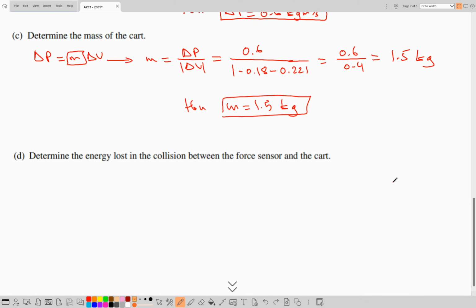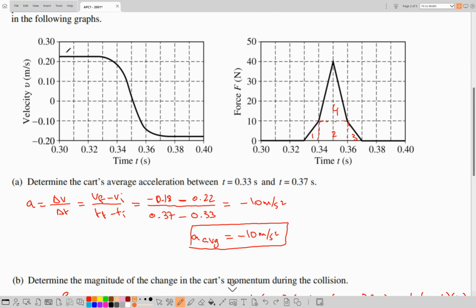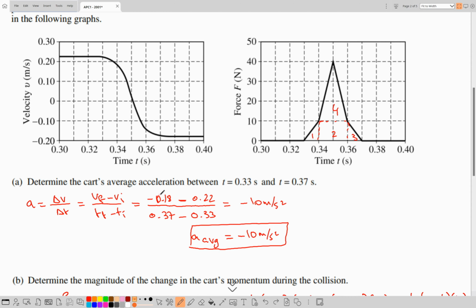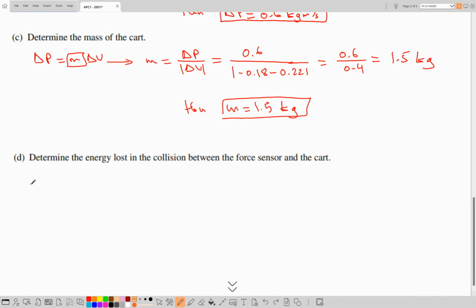Now in part D, they're telling us to determine the energy loss in the collision between the force sensor and the cart. The energy loss in the collision would be the change in the kinetic energy, because initially the speed is 0.22 and the final speed is 0.18. We're talking about speed, not velocity.